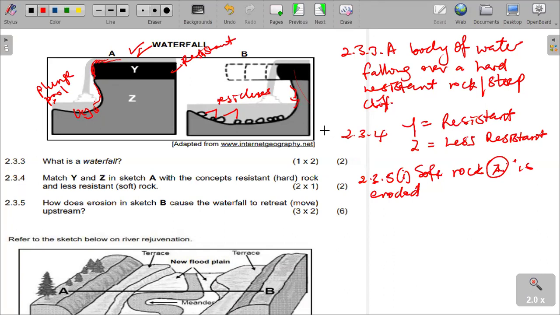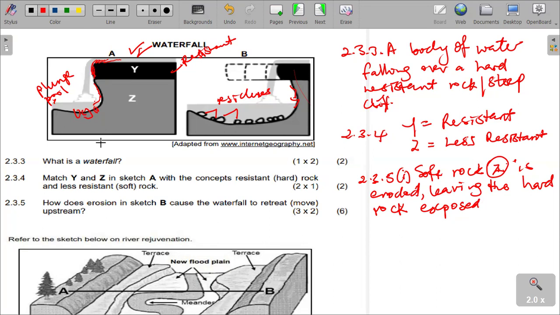Soft rock Z is eroded and then leaving the hard rock exposed. It leaves the hard rock exposed, and then erosion of the less resistant rock occurs.